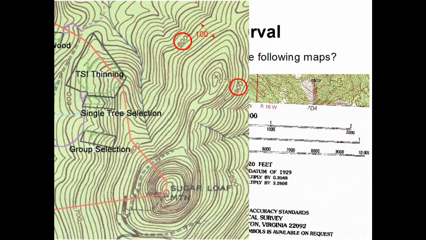Well, there are 100 feet between the two, divided by these lines. If we add 20 to make this one 820, another 20 to make this one 840, another 20 to make this one 860, another 20 to make this one 880, and another 20 would get us up to 900, then we can easily see that my contour interval here is 20 feet.